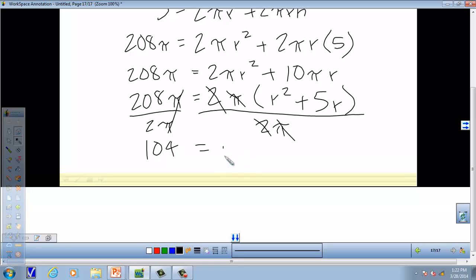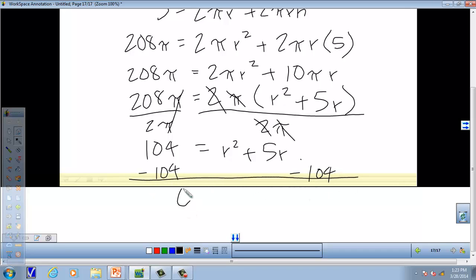104. Now we're going to have r squared plus 5r, and we're going to have to subtract 104 from both sides. And this is going to get a little bit complicated, and off the top of my head I can't think of two things that multiply to give me 104. Let's see. We'd have 2 and 52.